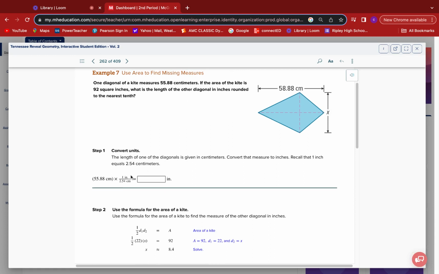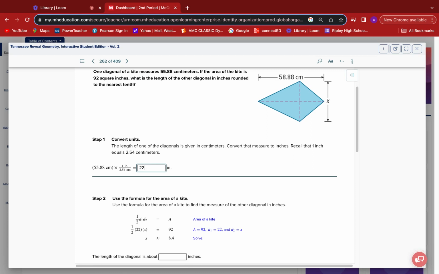I love trick problems. So take your 55.88, divide by 2.54 first, because we're going to convert centimeters to inches. 55.88 divided by 2.54. So it looks like it's going to be 22 inches.